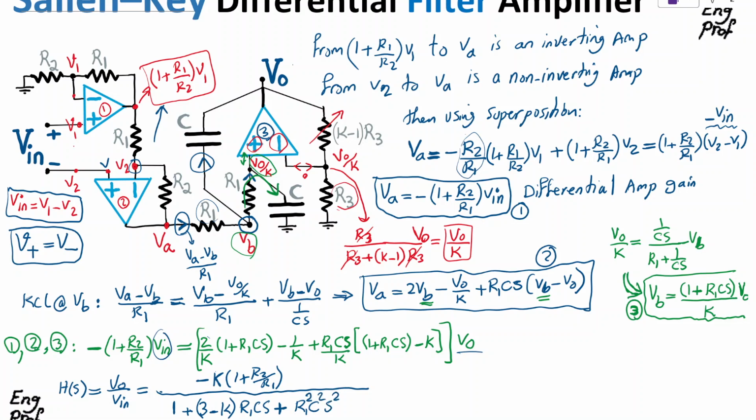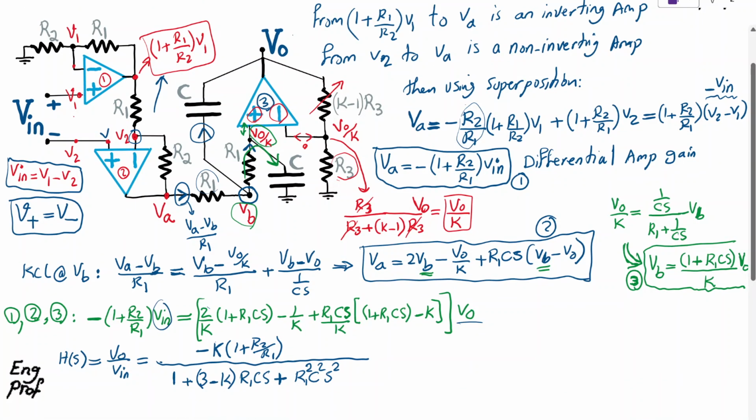So that's the overall transfer function that is beautifully showing the result as a function of the ratio of R2 over R1, and also the parameter K, which is related to the value of these resistors.